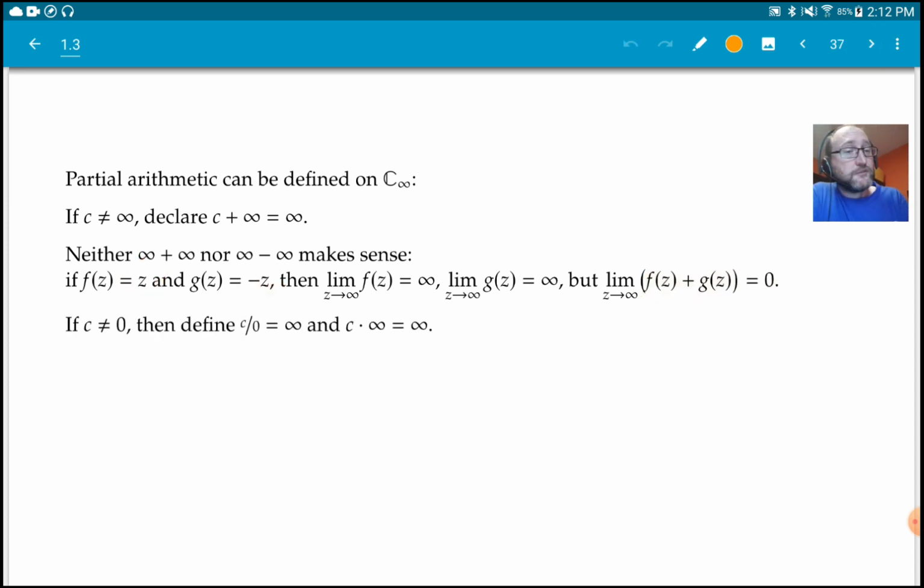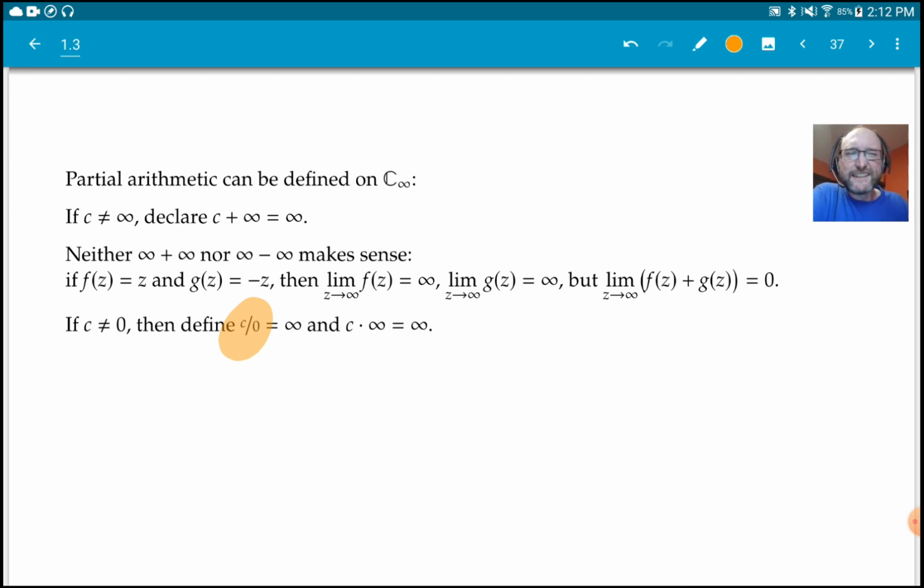Now, in terms of the multiplication, it's a little nicer, and this is going to be different from the extended reals. If I have any non-zero number, including infinity, I can divide by it, and I can even divide by 0. I just say that's infinity. So 1 over 0, I can think of that as infinity.